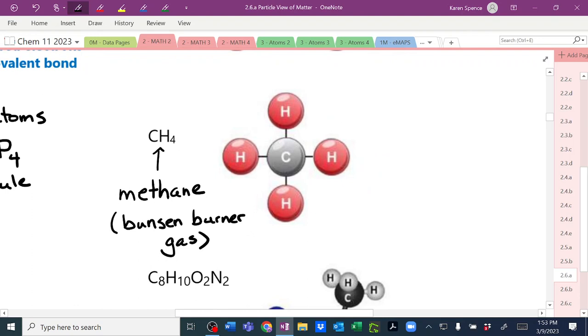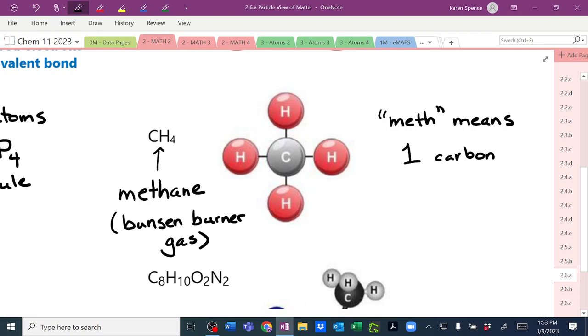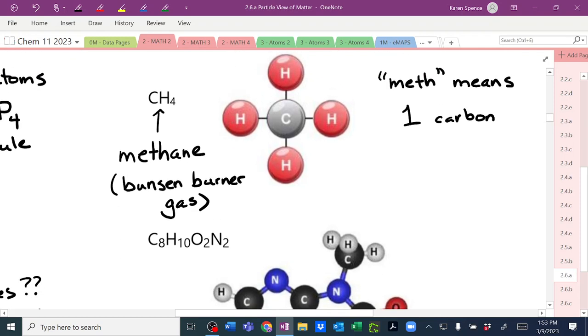The prefix meth means 1 carbon. So you might have methanol, which is an alcohol that contains 1 carbon. You might have methanal, which is an aldehyde that contains 1 carbon. But we'll worry about that later.